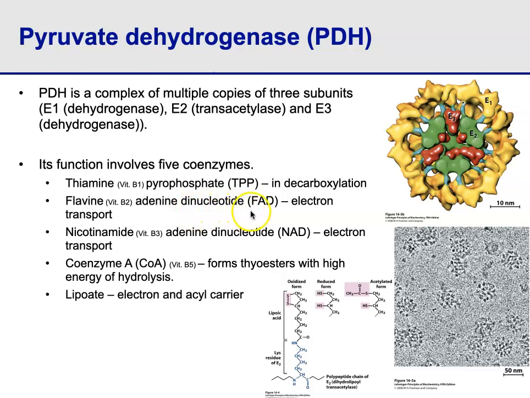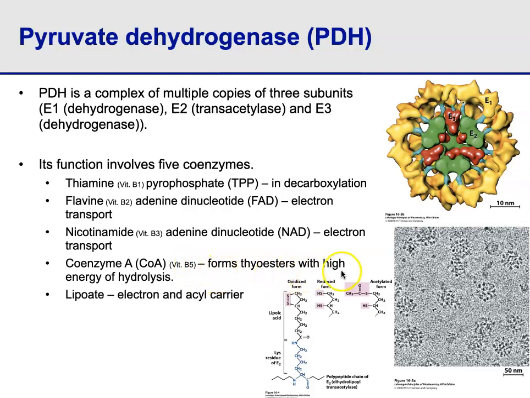Flavin adenine dinucleotide, or FAD, you know that it's involved in electron transport. It's a product of vitamin B2. TPP's product will be B1. NAD is also involved in electron transport. Product of B3. Coenzyme A, product of vitamin B5.